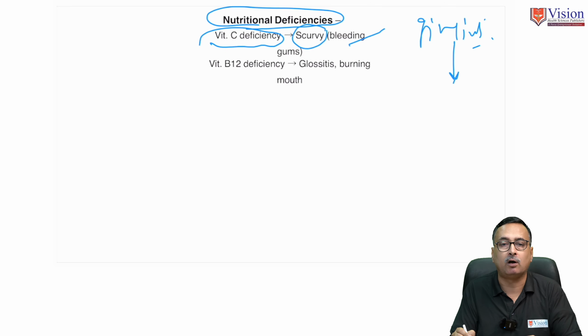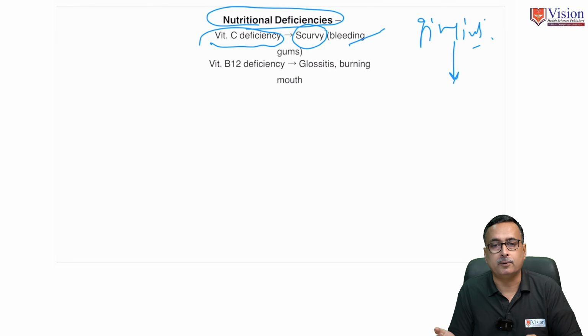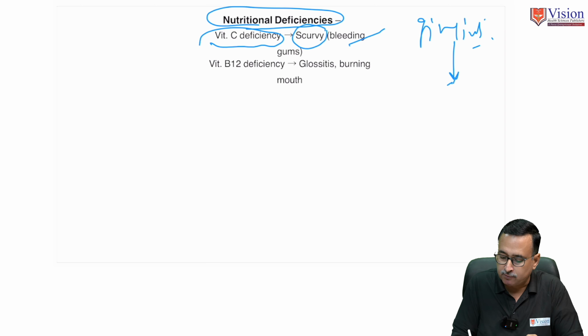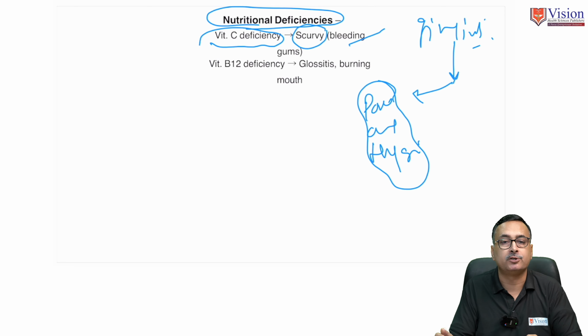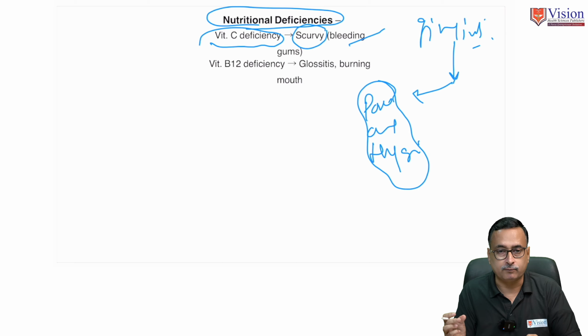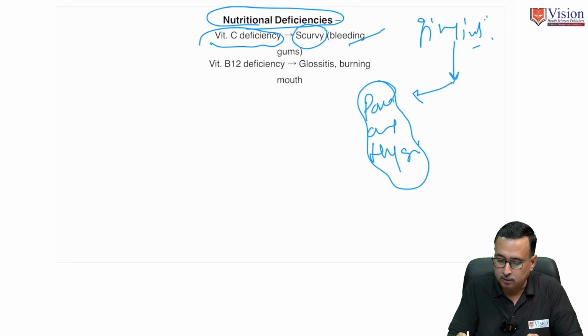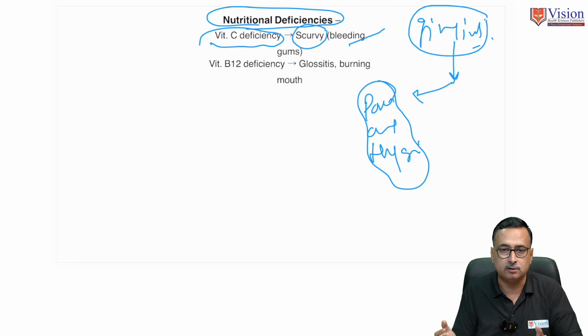Gingivitis is the inflammation of the gums. If we go deeper into the etiology, gingivitis can be caused by poor oral hygiene, like improper brushing, tobacco chewing, and presence of calculus, that is calcified substance around the neck of the teeth, around the gingiva. This is inflammation of the gum due to poor oral hygiene, and it is routine whenever you examine patients.